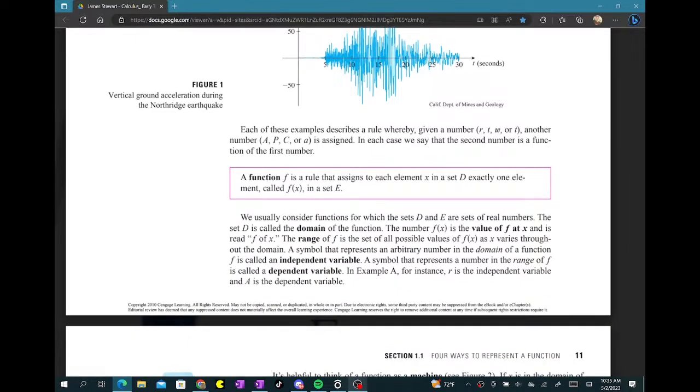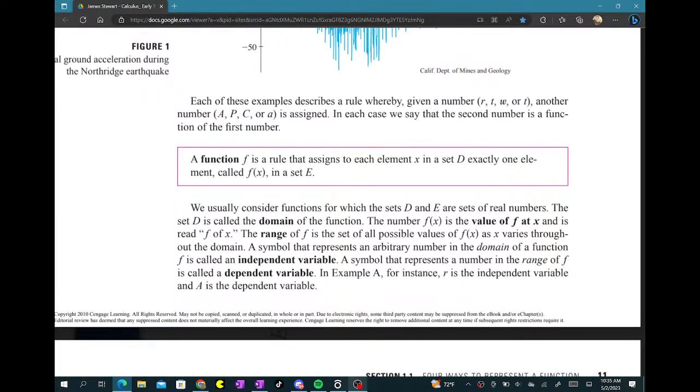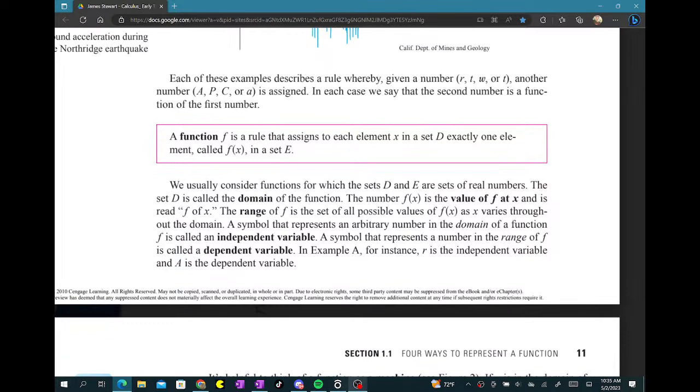And I'm going to go ahead and read these following definitions, and I'm going to try my best to explain it in my own words.